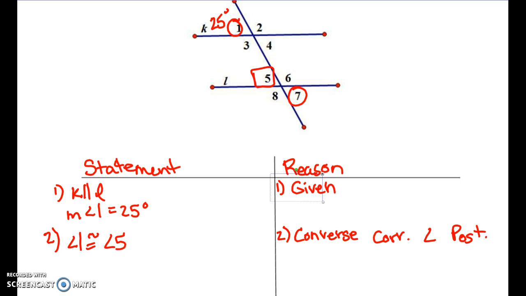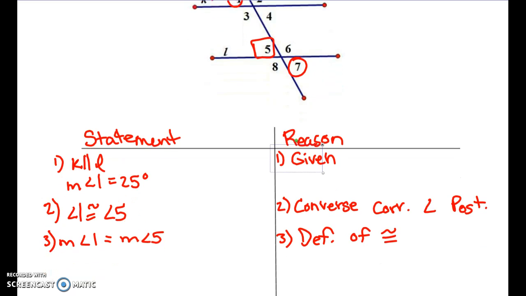Well, so we've got that they're congruent, but remember, when we're dealing with congruency and equality, we have to constantly switch between signs. So if I say that 1 is congruent to 5, I can also say that the measure of 1 equals the measure of 5 by the definition of congruent. And this is important because I can't substitute measure of angle 1 equals 25 into a statement with a congruent symbol.